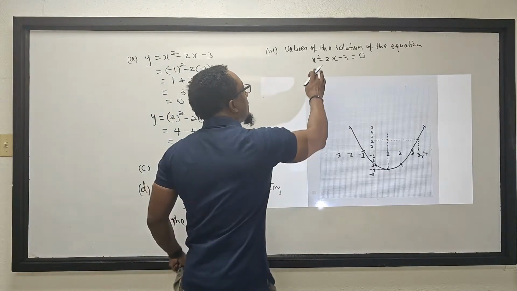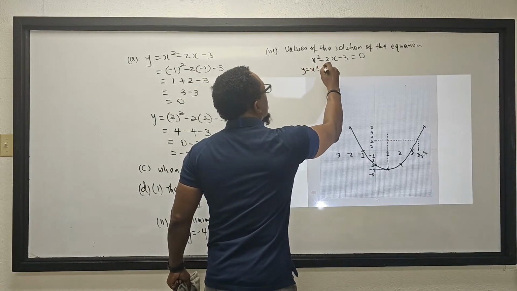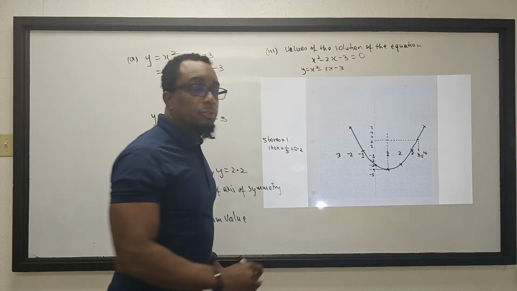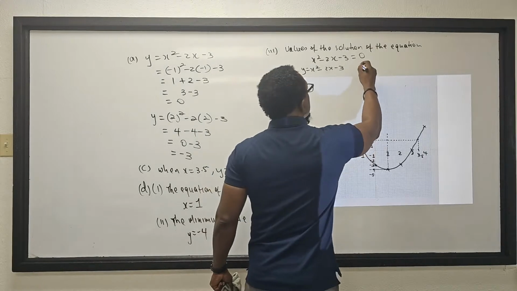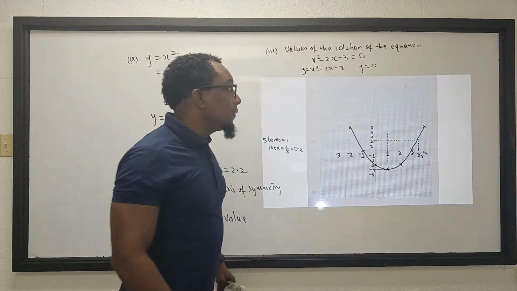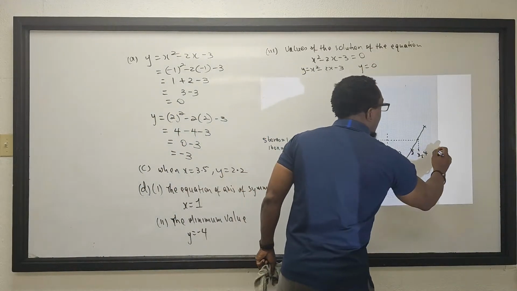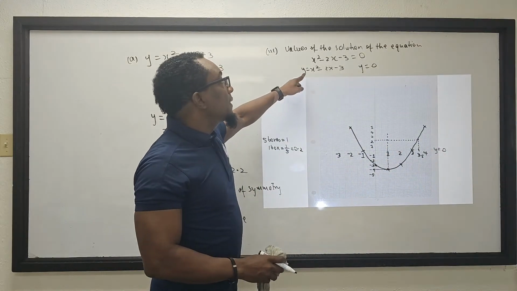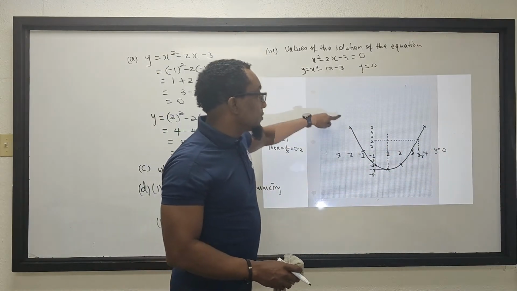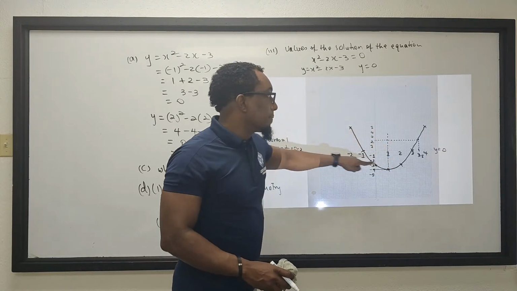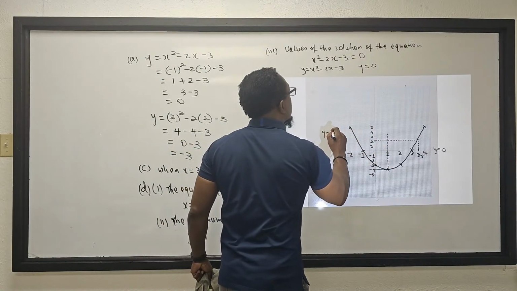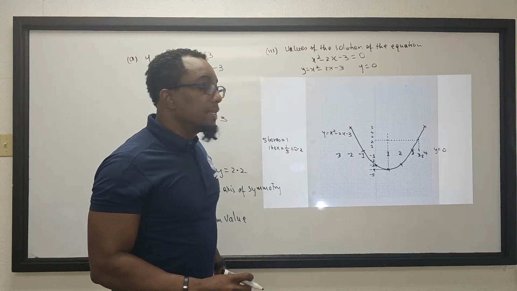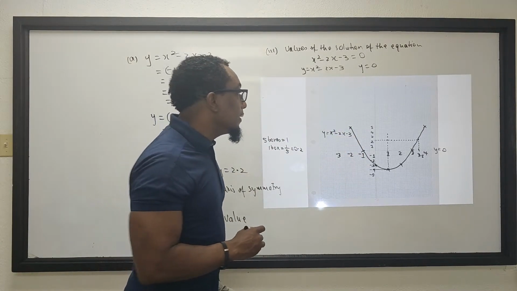So this equation can be broken up into the function y equal to x squared minus 2x minus 3, and also y equal to 0. Y equal to 0 is your x-axis, alright? And y equal to x squared minus 2x minus 3 is your quadratic curve. Where do the x-axis and the curve meet?